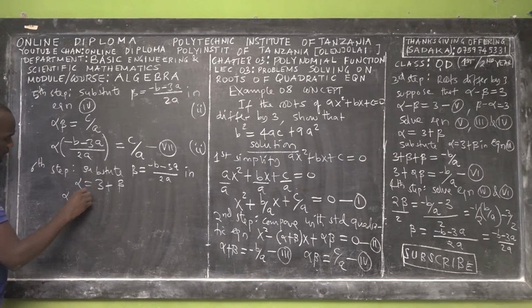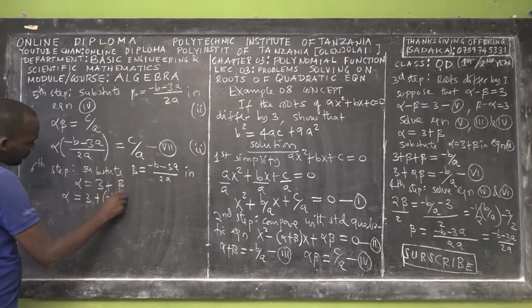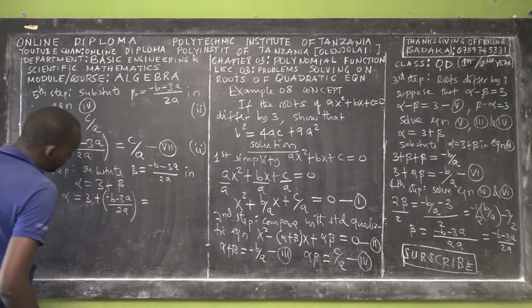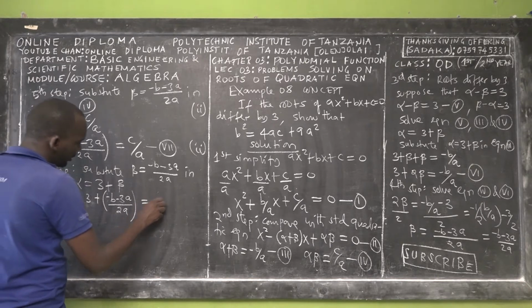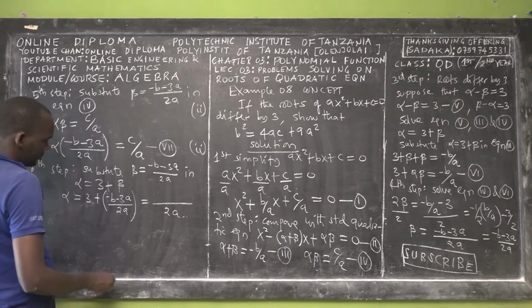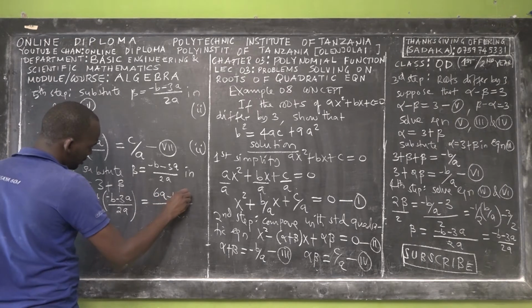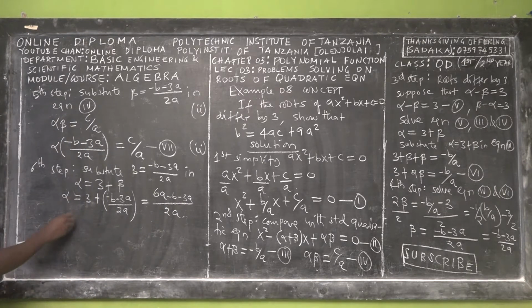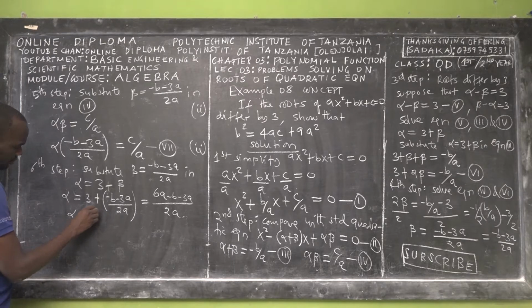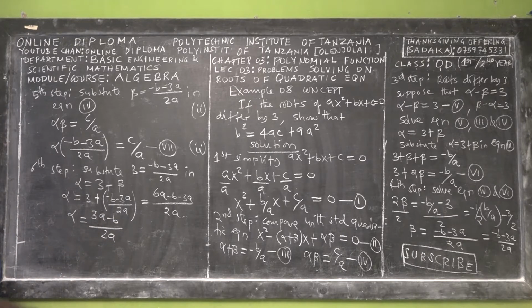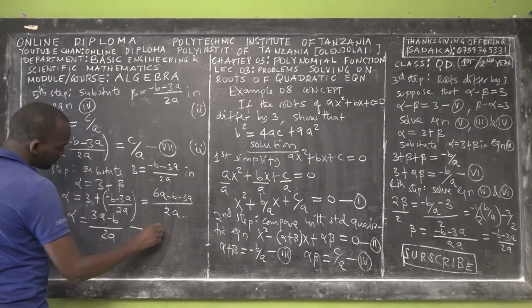So alpha is equal to 3 plus negative b minus 3a over twice a. So this will give us what? The LCM is twice a, then 6a minus b minus 3a. So the value of alpha is equal to 3a minus b over twice a. So this is equation 7.